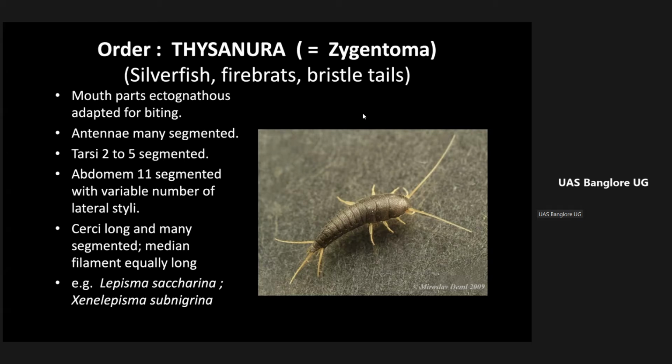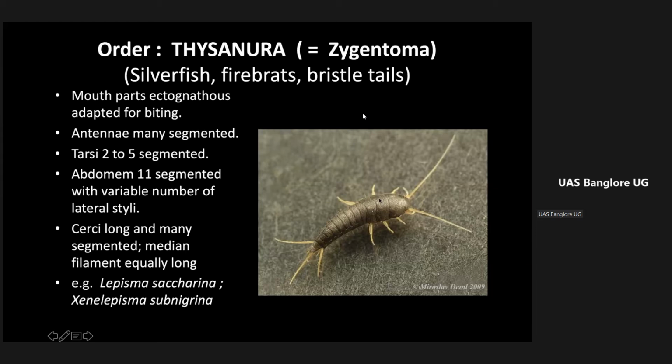Sometimes they might also ask you to write the order-level characters of the order Thysanura. You should be able to tell them they are commonly called silverfish or bristletail. Mouth parts are ectognathous, adapted for biting.